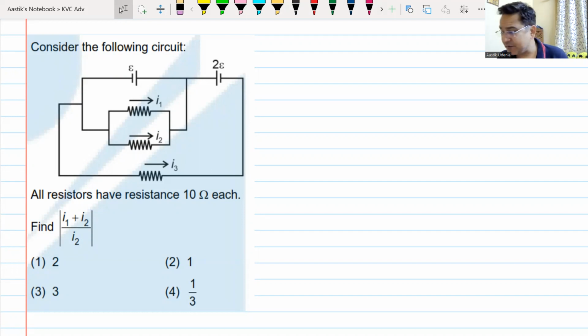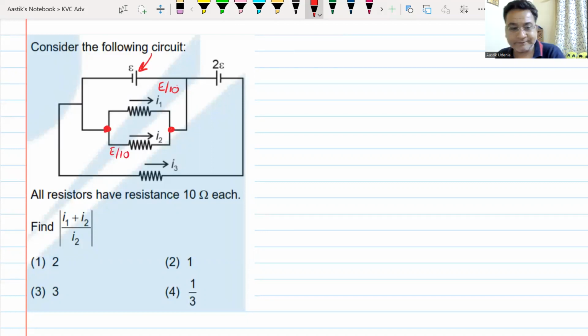It may look like a very difficult diagram, but it is not so. As you can see, between this point and this point, this battery E is connected. So you can easily say that I1 will be equal to E by R, which is E by 10, and this is also E by 10.